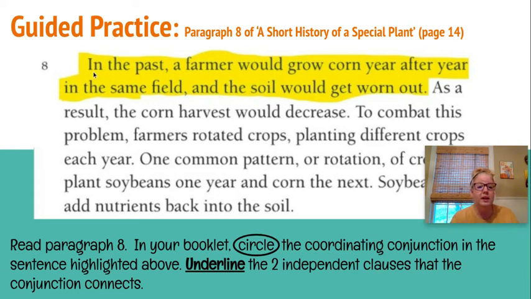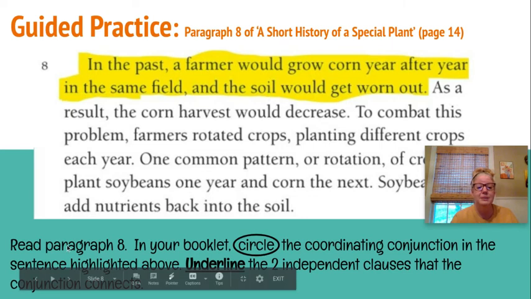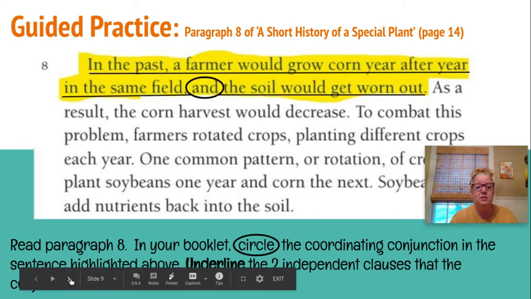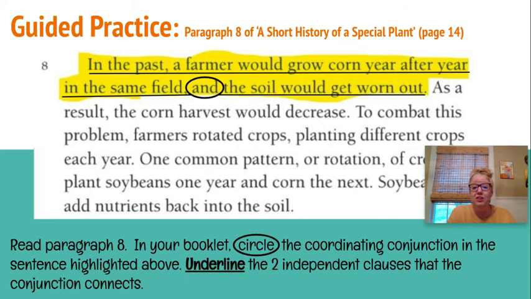So the first one is, in the past, a farmer would grow corn year after year in the same field. Then you circle and. Then you're going to underline the soil would get worn out. So circle the conjunction and then underline the two independent clauses. So it should look like that. Your booklet should look like that. Okay?